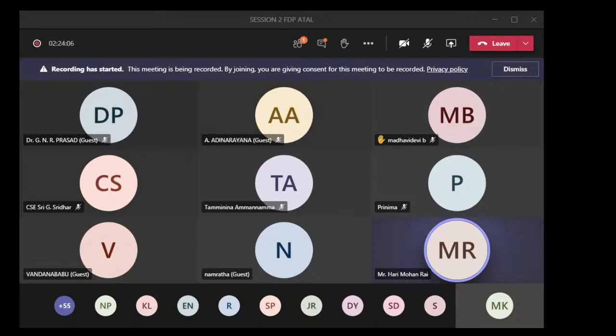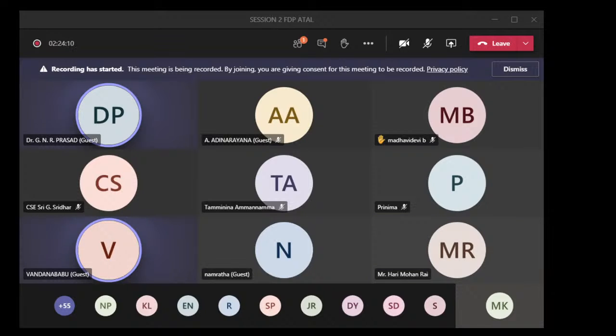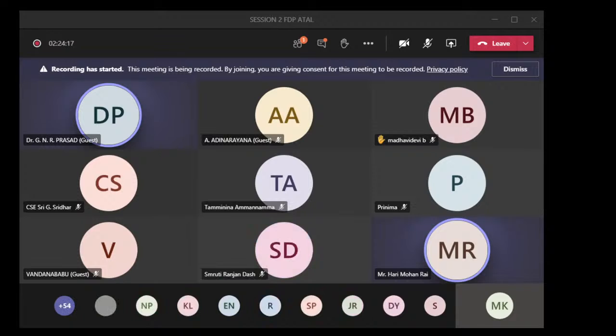Sir, you are muted, I think. What are the other techniques apart from convolutional neural networks, from the feature extraction point of view? Let me check it. Definitely, Vandan Babu, I'll respond to this one. Thank you for asking.